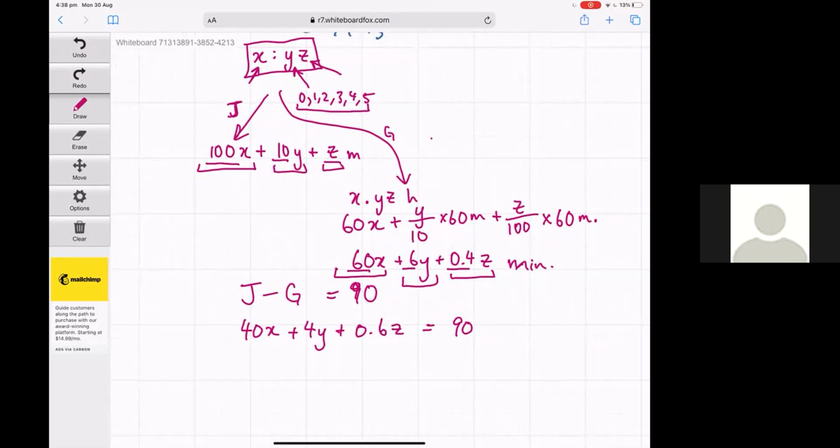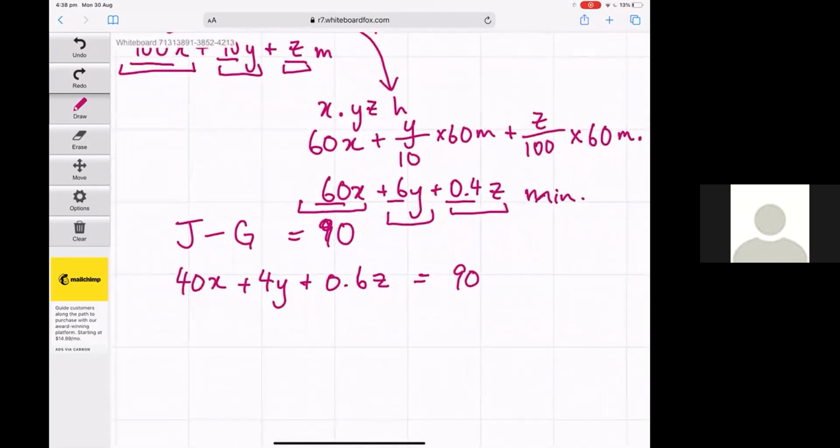If I divide everything by 4 on both sides, I get 10X plus Y plus 0.1Z is equal to 22.5.